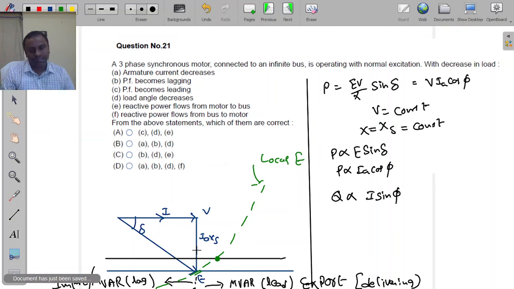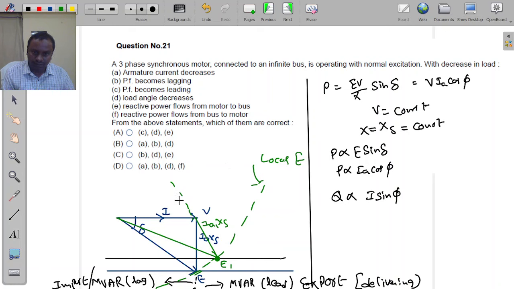In this case, this will become the new E, and this will become the new IA XS. This is E1, this is IA1 XS, and perpendicular to this, somewhere it will become I.